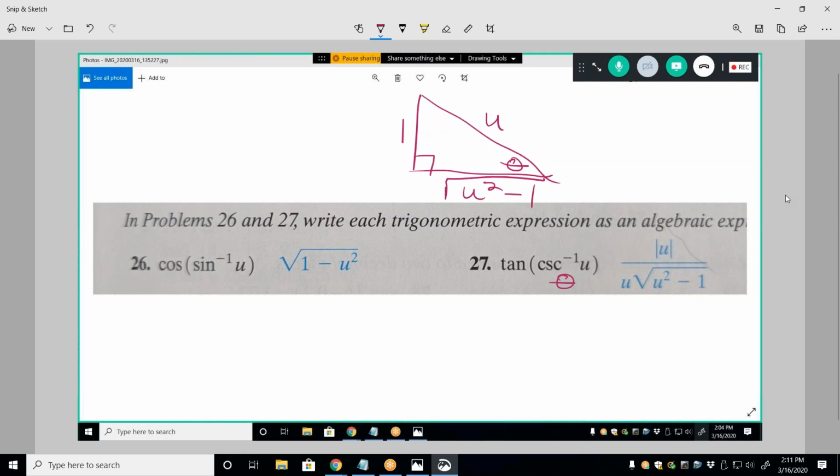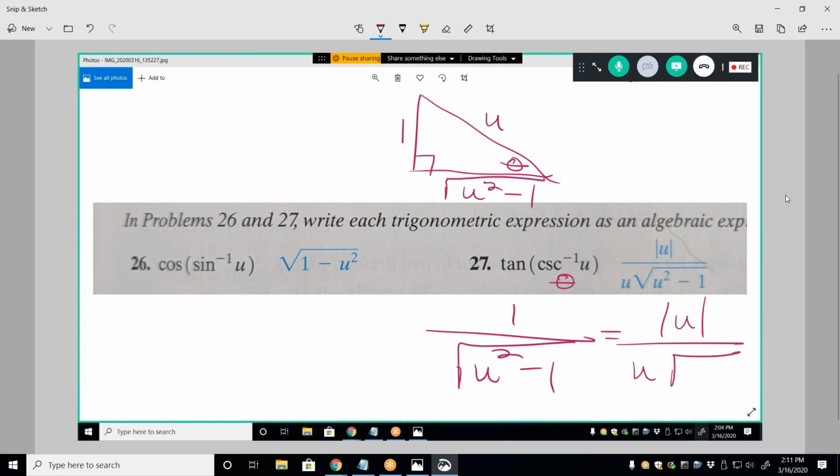You can see that in other words, now, if we said what's the tangent of theta, I would end up with 1 over the square root of u squared minus 1. But they actually end up with the absolute value of u over u times the square root of u squared minus 1.